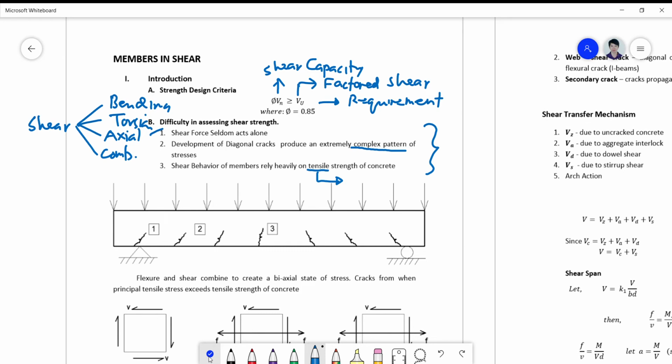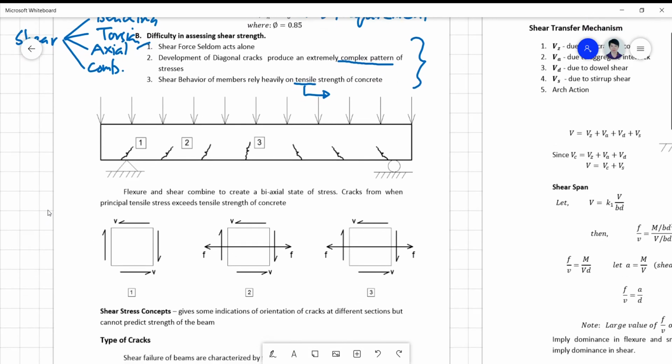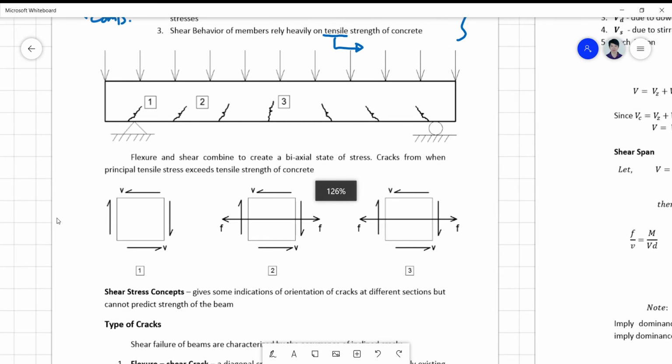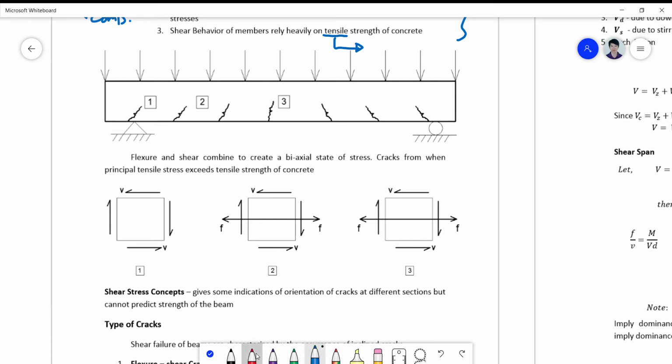So for a typical beam here, we have shown the crack pattern, wherein shear varies from one point of the beam to the other.